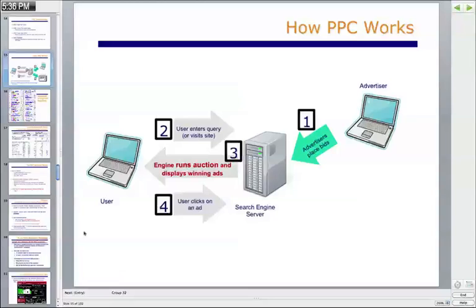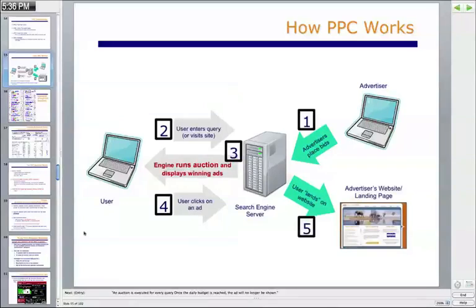If a user clicks on an ad, the user is directed to the advertiser's website, and the advertiser gets charged the corresponding cost per click, which is never more than the original bid that the advertiser had placed.